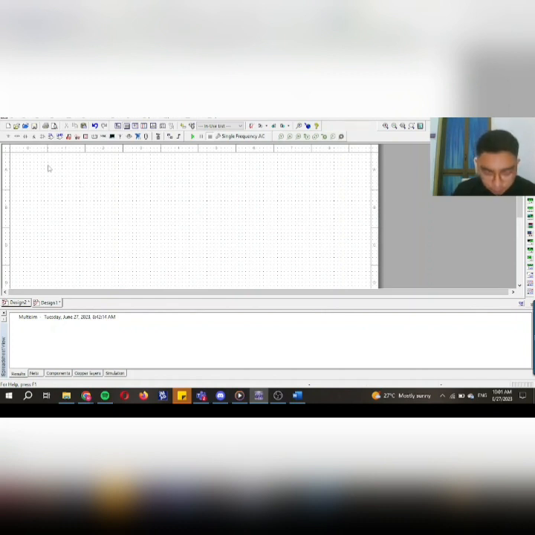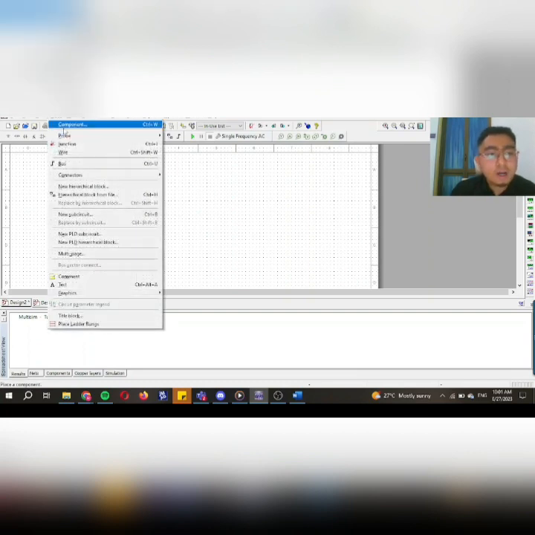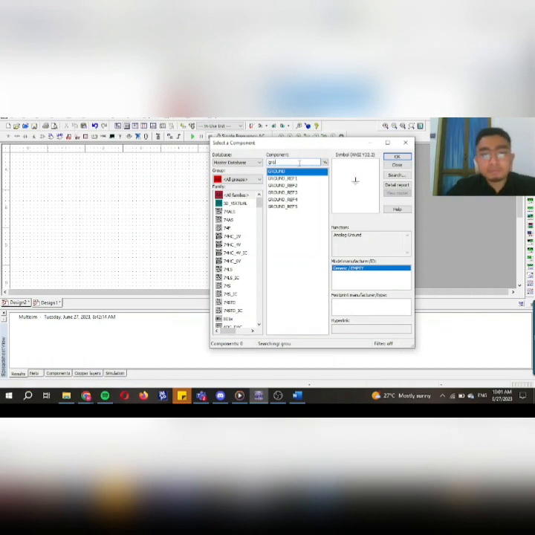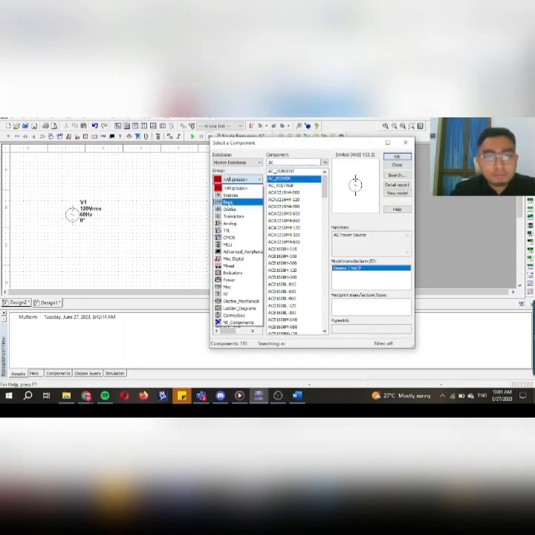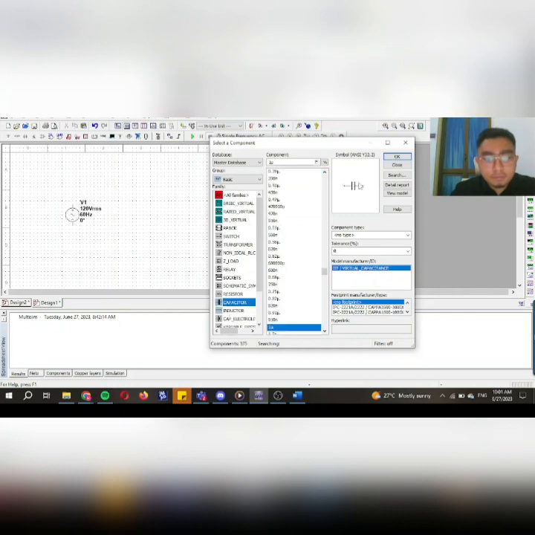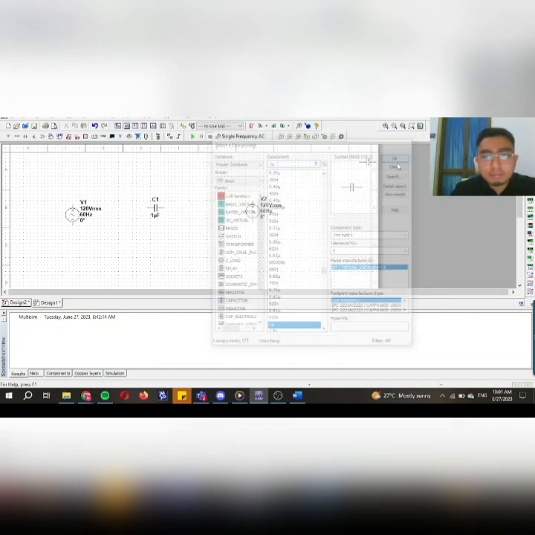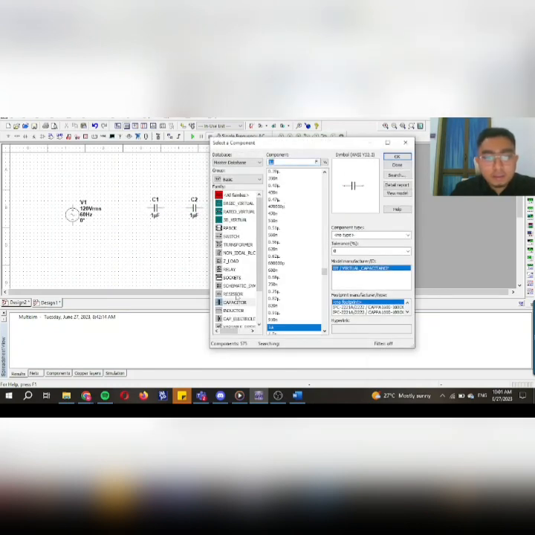First of all, we need to make sure all the components needed are put in the Multisim. So our circuit consists of two sources, two capacitors, two resistors, and one inductor.